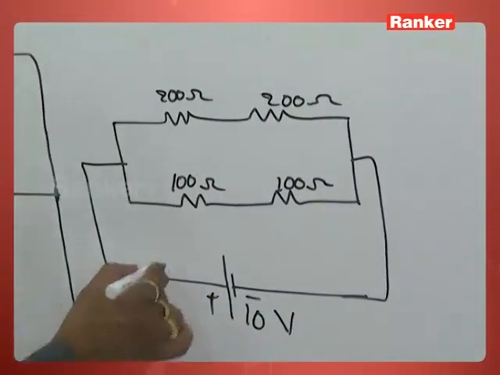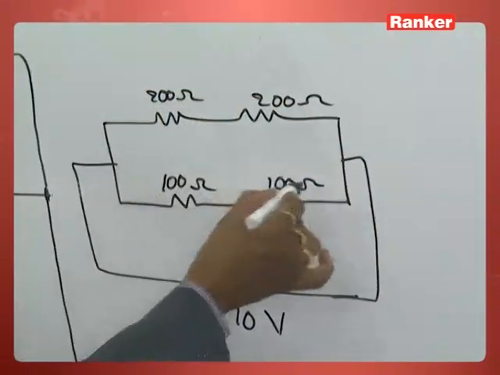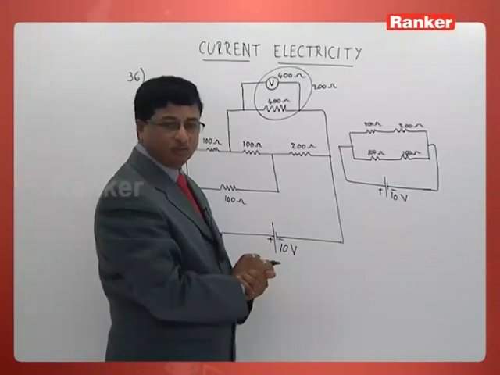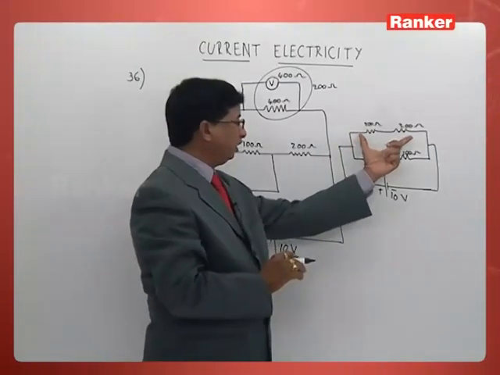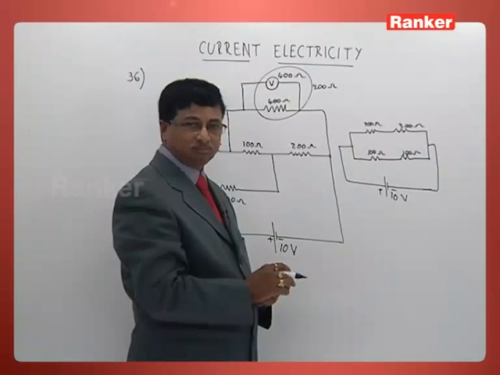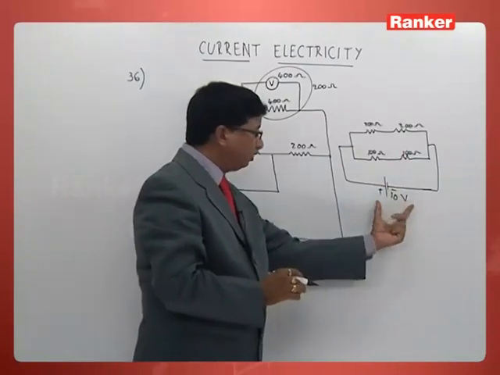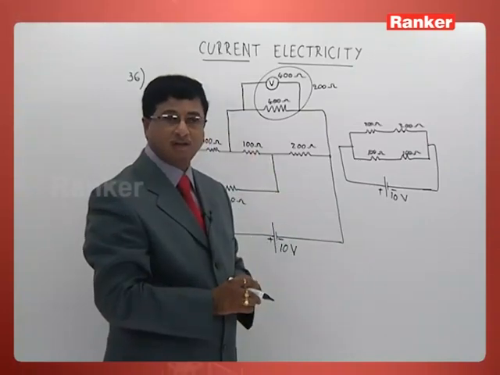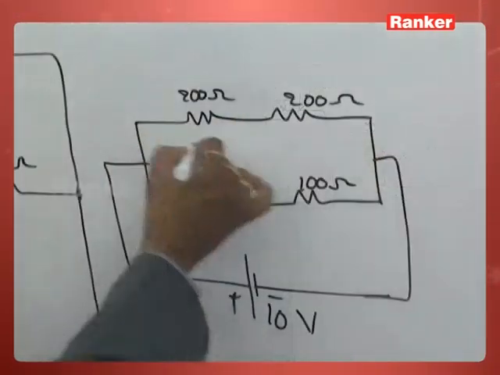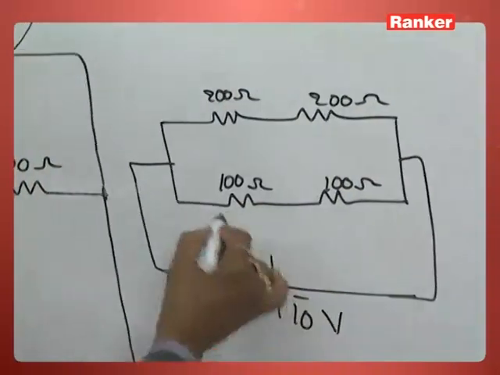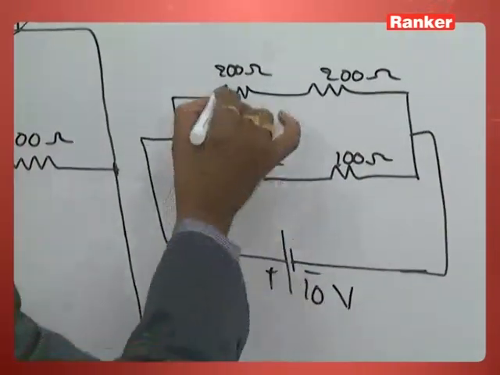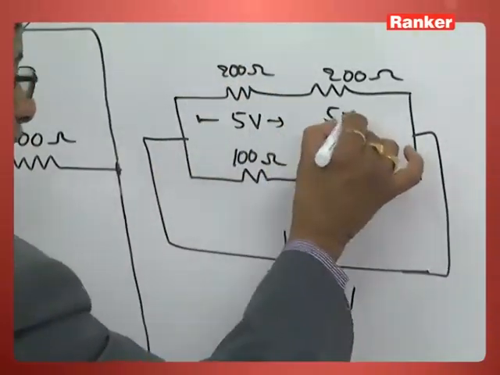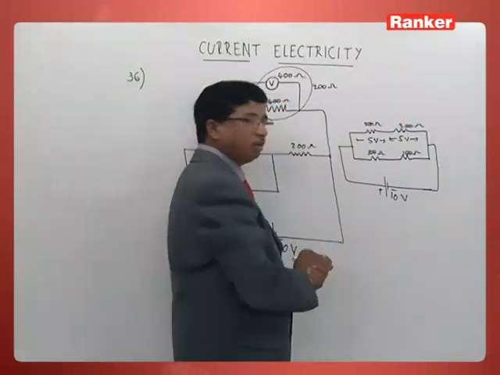You can now understand that this total value is 400 and this total value is 200. The total potential difference across this one will be 10, and across this one also 10, because they are both connected in parallel. Then how much will be the potential difference across this part? It will be 5 volt. This also will be 5 volt.